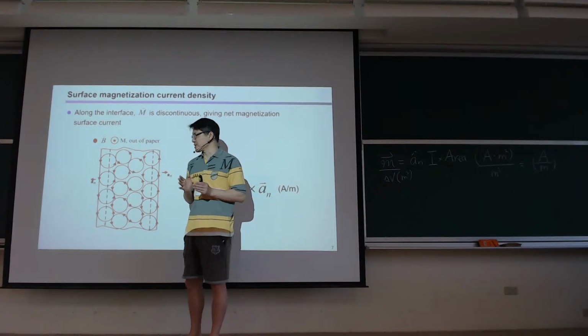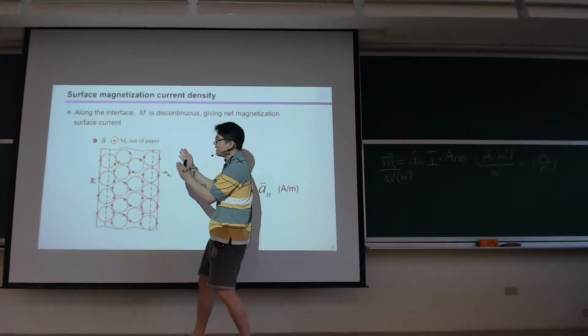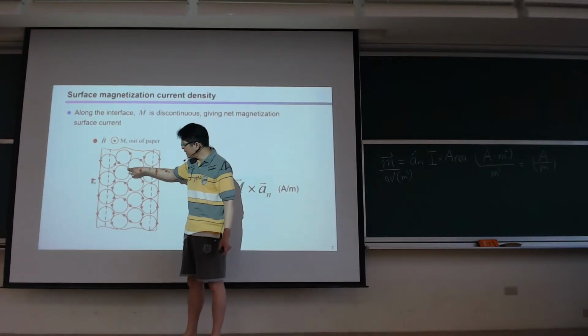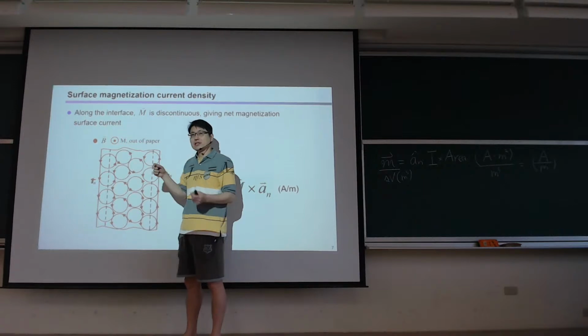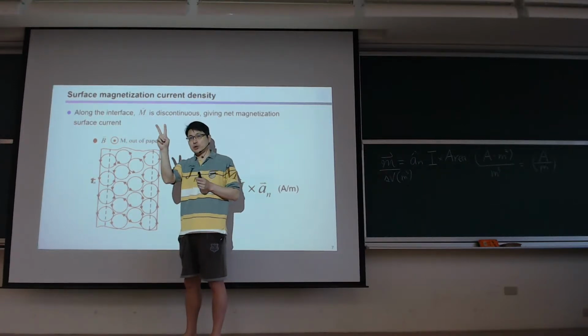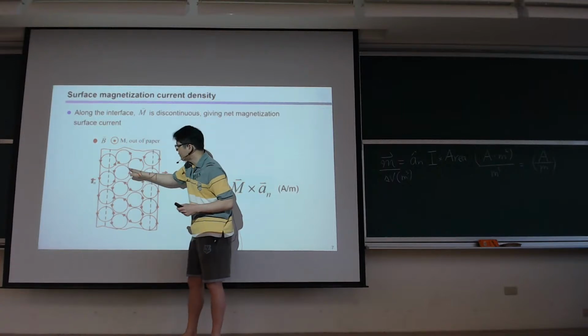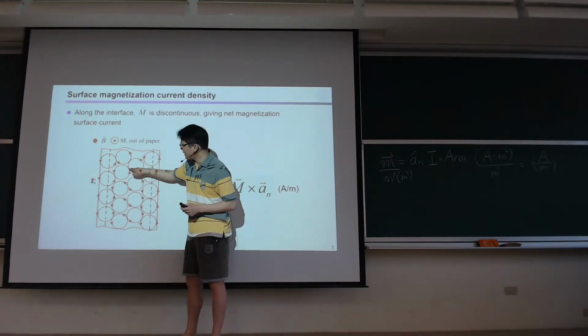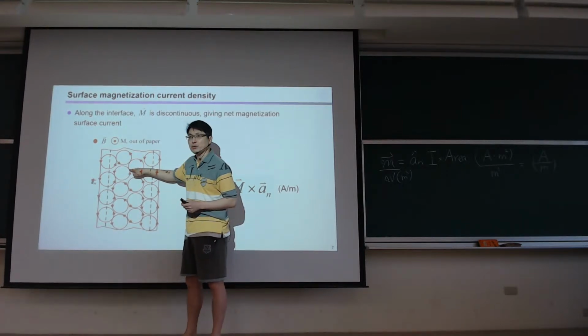So if you ask yourselves, if I am inside, for example, this point, exactly at this point, now this point is connected to two dipole loops. One is this one, another is this one, right? Exactly at the connection of this point.